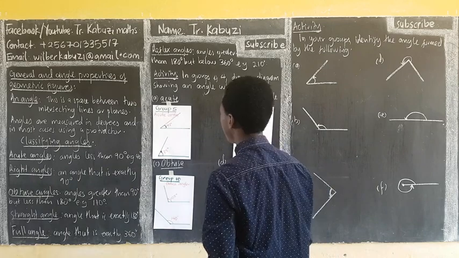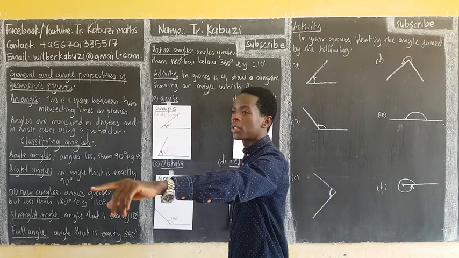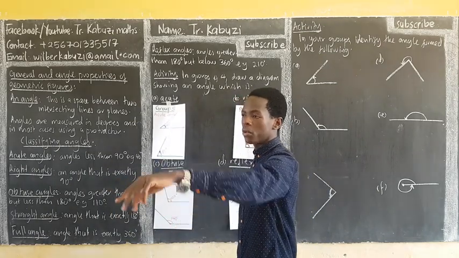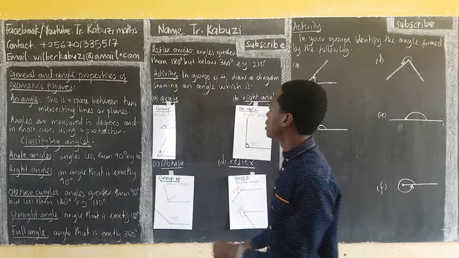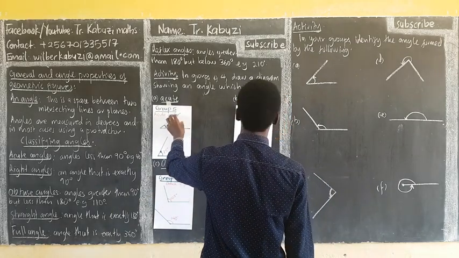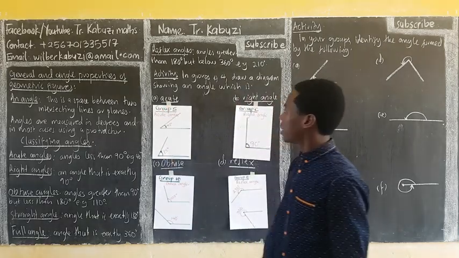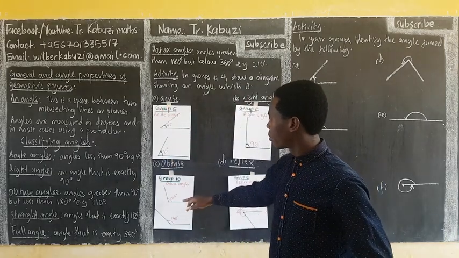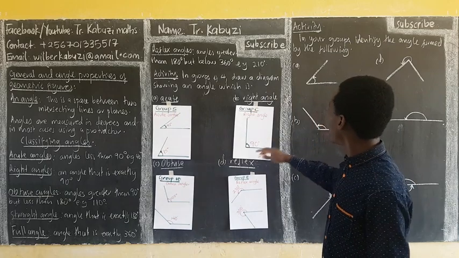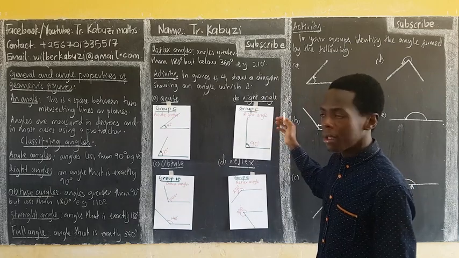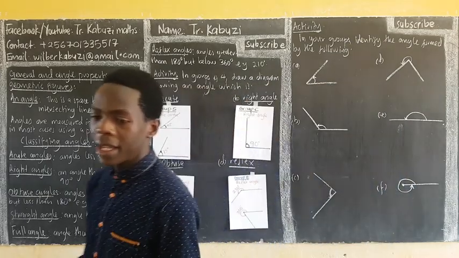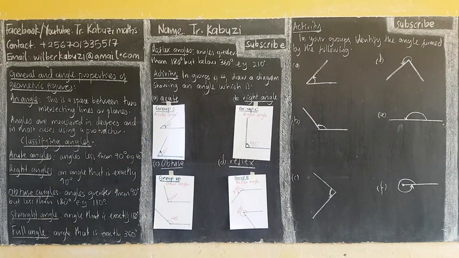The rest, let us exchange the work. If you're in this group, you give to the next, and if you're in this one, you also give to the other group. Now this is group 5, this is group 10, group C, group E. Let me start first. I think everyone can see those things well.